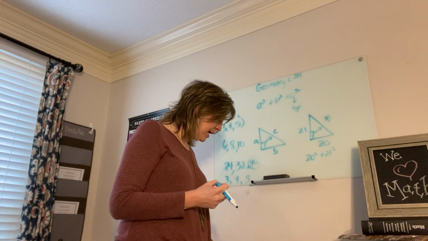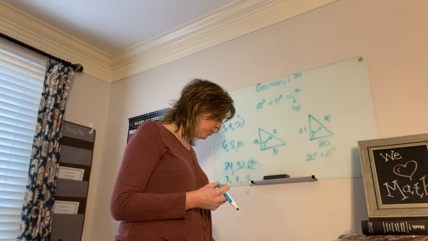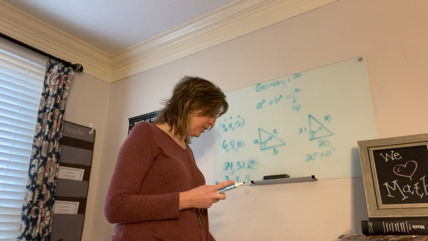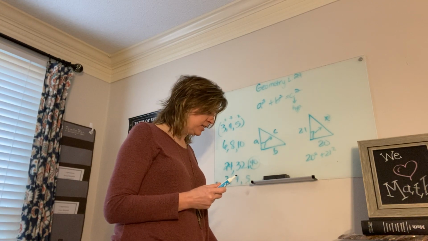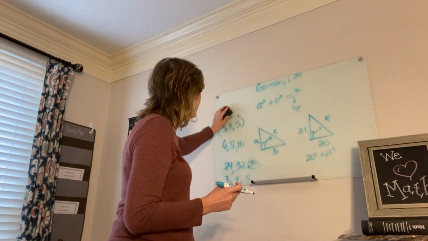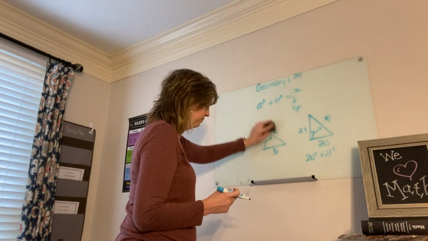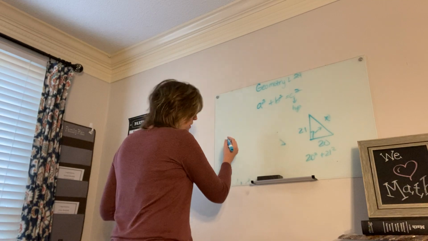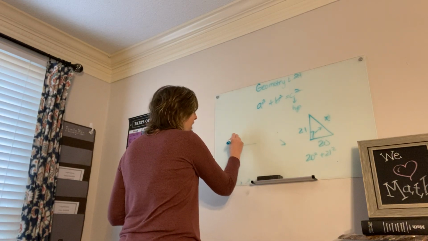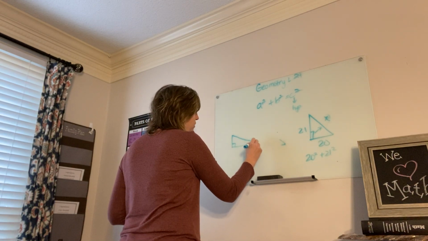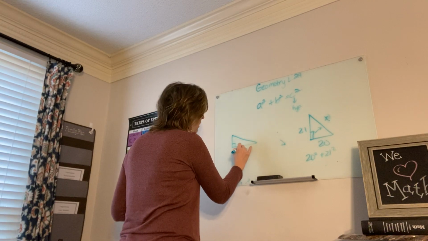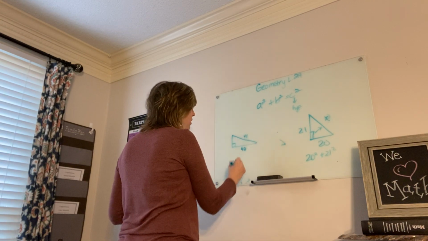All right, letter B. Find the value of p in the triangle at the right. Do the sides form a Pythagorean triple? In this case, they have actually given me the hypotenuse. They've said one of the legs is 40, and the hypotenuse is 41.